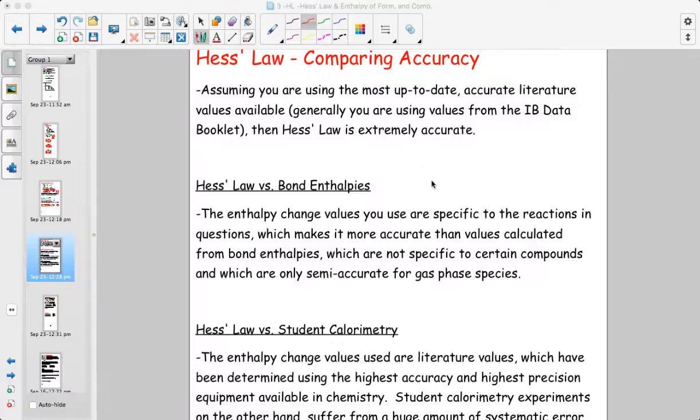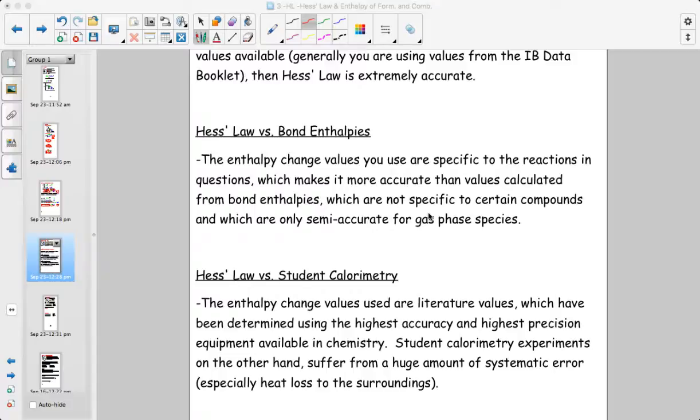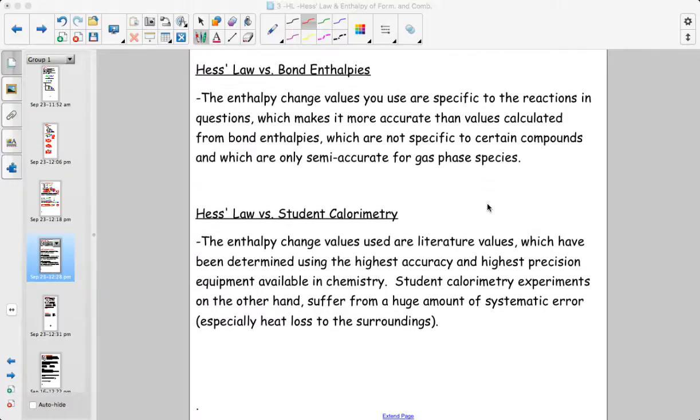Assuming that we're using the most up-to-date, accurate literature values available, like the ones in your IB data booklet, then Hess's law is extremely accurate. Compared to bond enthalpies, you're using enthalpy changes that are really specific to the reactions in your questions, whereas bond enthalpies are, first of all, averages, so they're not specific to certain compounds, and they're only semi-accurate for the gas phase, and so with any other phases involved, bond enthalpies get really inaccurate really fast.